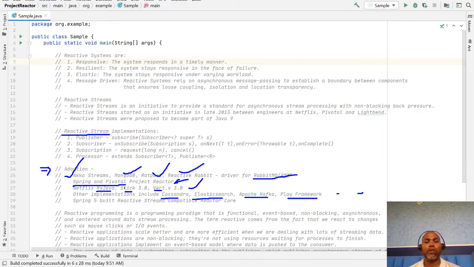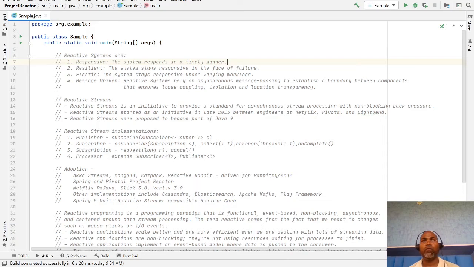So from Spring 5, Spring built the reactive stream compatible Reactor Core. And on the basis of Reactor Core, Spring, named Project Reactor, is implemented. And from Spring 5 onwards, you have WebFlux, and multiple reactive stream implementations are found in Spring as well.